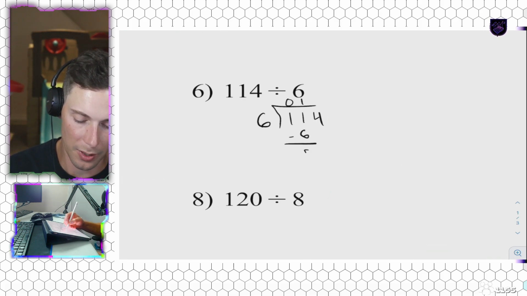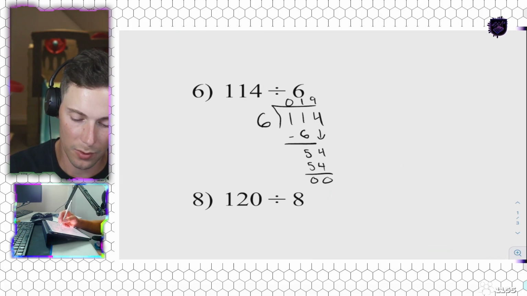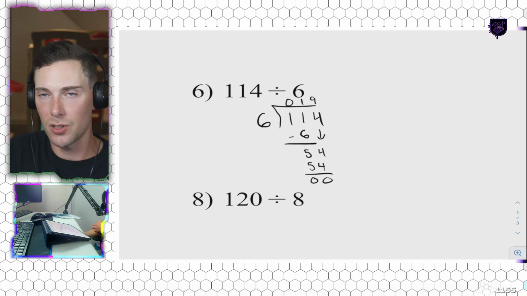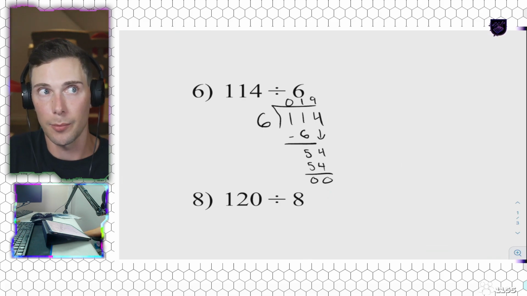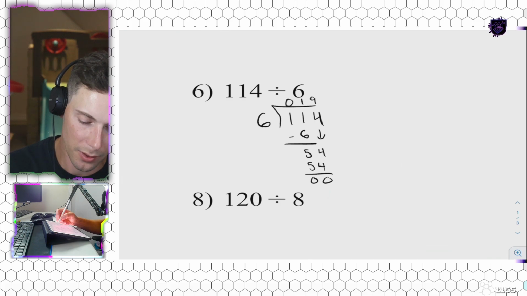And this will be a remainder here of 5. Let's drop down our 4. 54. Does 6 go into 54? It does. Sorry, it looks like 59. 54. And it does 9 times if you know your 6 times table or your 9 times table facts. So remainder of 0, our answer.